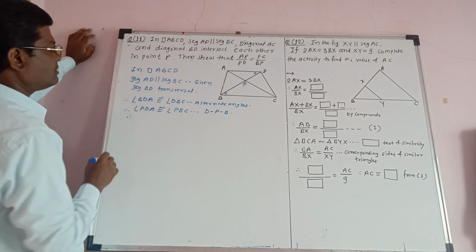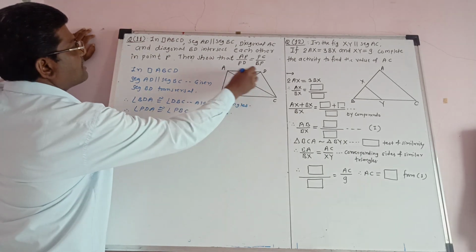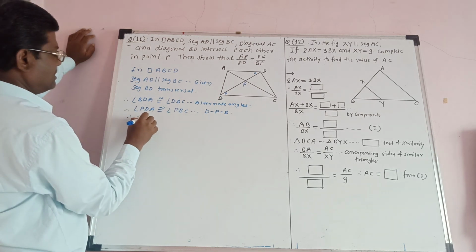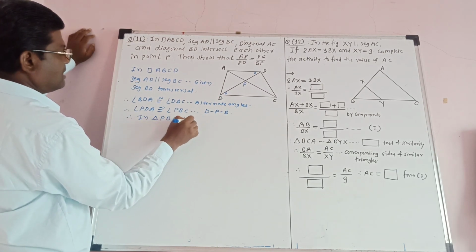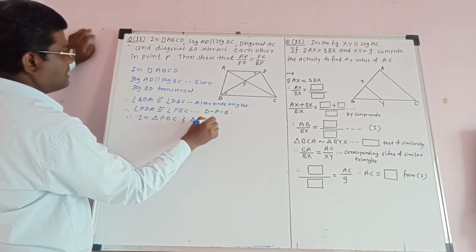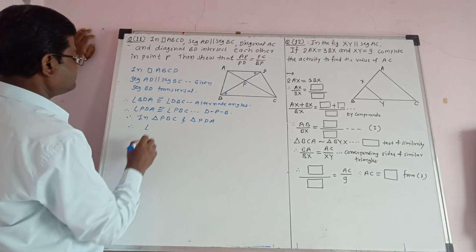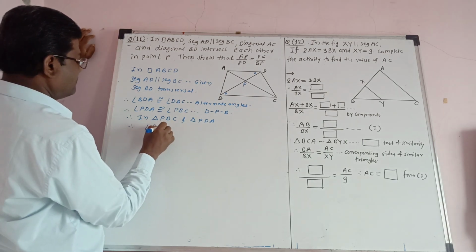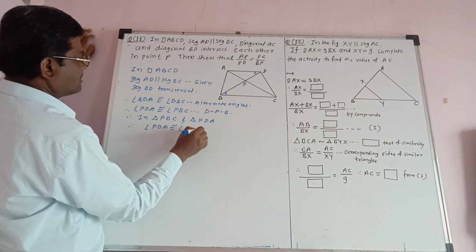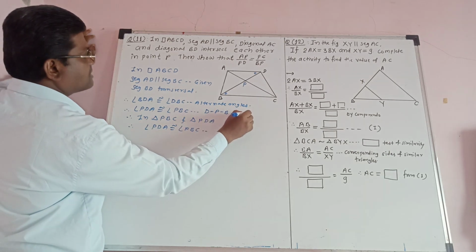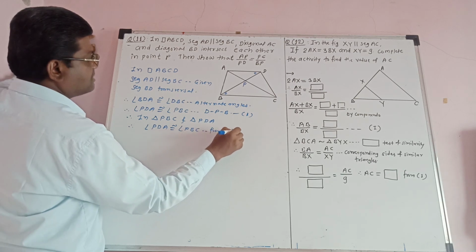Now consider two triangles, triangle PBC and triangle PDA. In triangle PBC and triangle PDA, angle PDA is congruent to angle PBC. This is from equation 1.